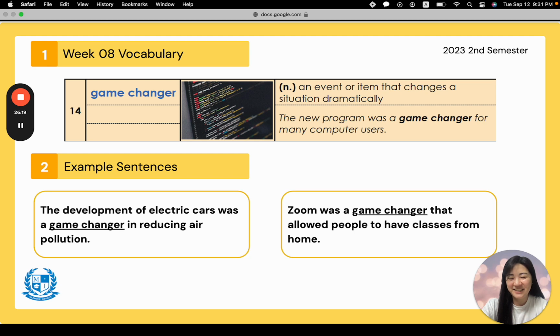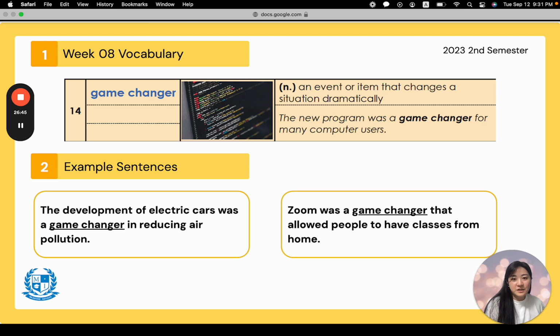Good job. Example sentence 1 at the bottom says, the development of electric cars was a game changer in reducing air pollution. So all these electric cars that we have that don't need gas were a game changer because they made less air pollution. Okay.